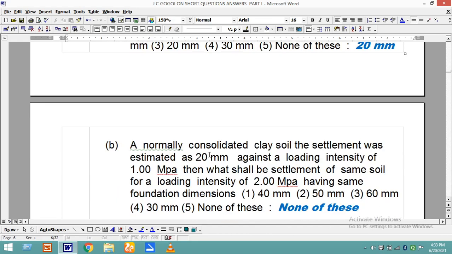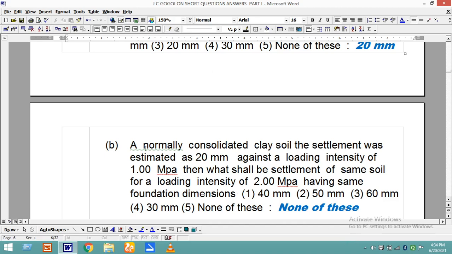In normally consolidated clay soil, the settlement was estimated as 20 millimeter against a loading intensity of 1 MPa. Then what shall be the settlement of the same soil for a loading intensity of 2 MPa having the same foundation dimension? The options are 40 mm, 50 mm, 60 mm, 30 mm, or none of these. In the case of pre-consolidated soil it would be straight double.